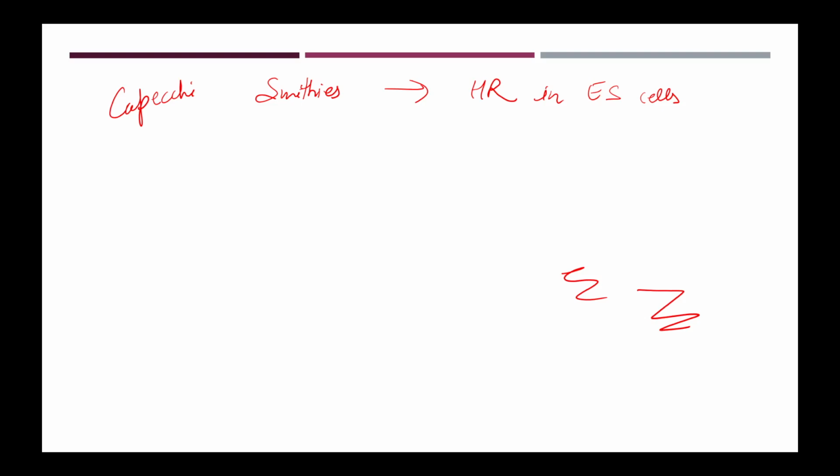So he cultured the modified embryonic stem cells with specific DNA in them, where he employed homologous recombination.